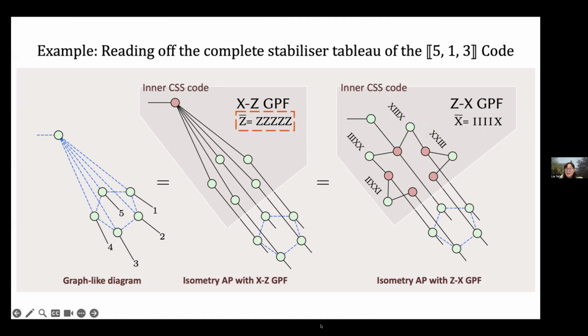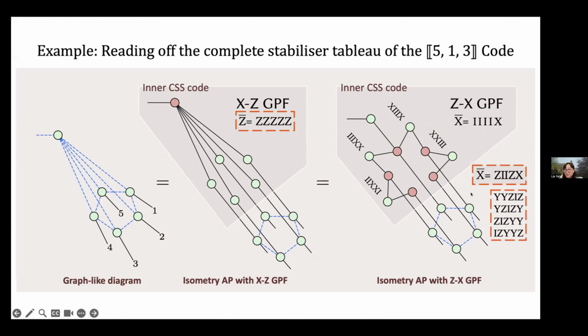But that's just for the inner CSS code, and we actually have to push that through. So when we push that through, X here pushed through here becomes ZX, and so that's why logical X for the whole 513 code is XIIZX.